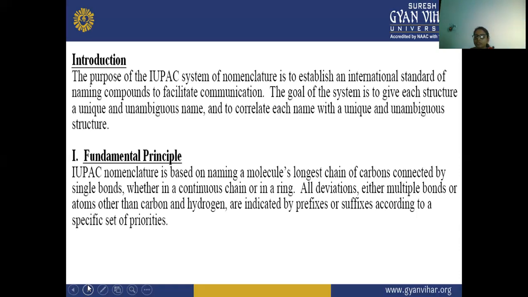The goal of the system is to give each structure a unique and unambiguous name, and to correlate each unique name with a unique and unambiguous structure. In the introduction, we are developing an international standard for naming different compounds to facilitate communication, so that we can correlate each name with a unique and unambiguous structure.